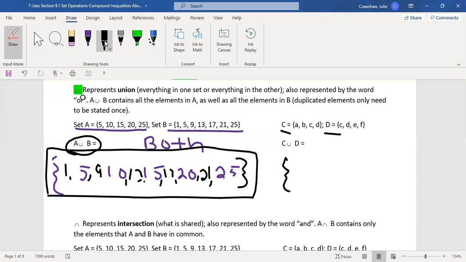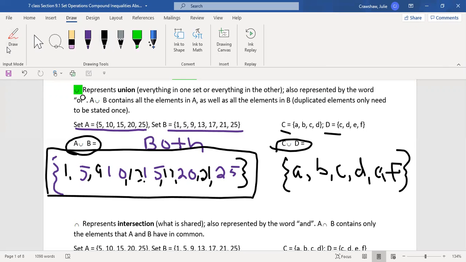So everything in both: A, B, C, D, E, and F. All of those are going to be within the union. And set notation can be used in mathematics as well as in other fields.